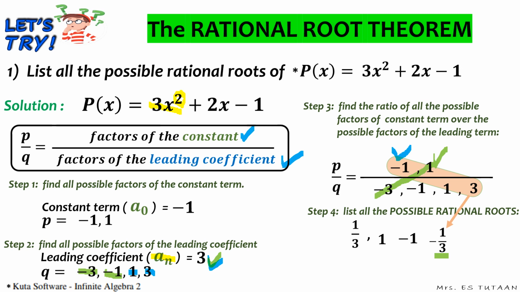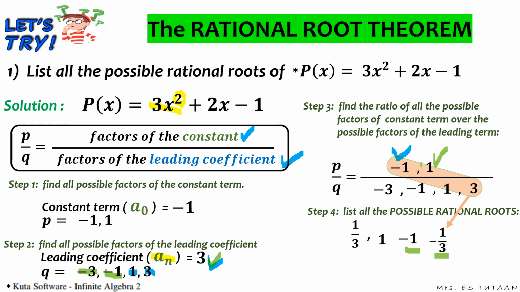Next, we have ang susunod natin na pares ay positive 1 divided by negative 1. So, that will give us negative 1. Meron na rin. Next, we have ano na sunod natin?